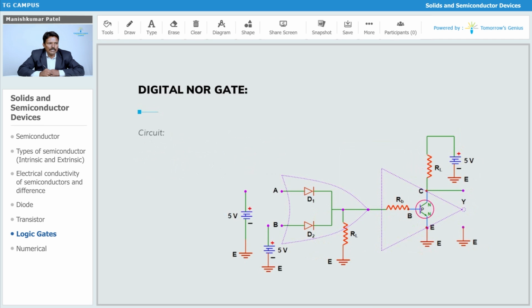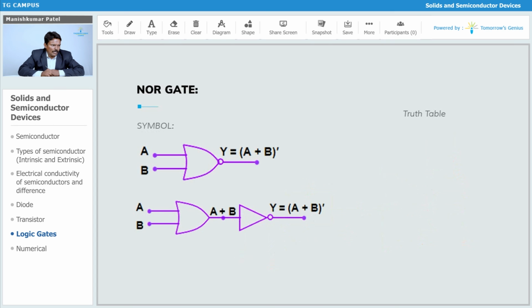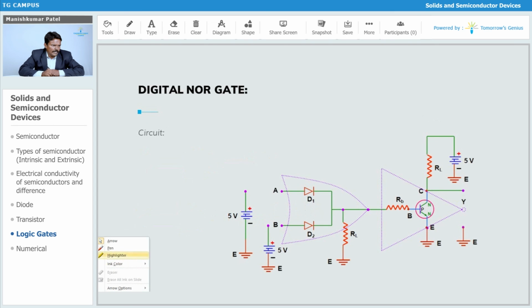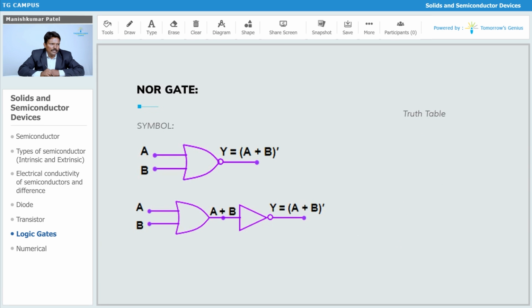One more circuit is the NOR gate, which is a combination of NOT and OR. This is your OR, and that is the NOT gate which we connect here, and that will give you the NOR gate.